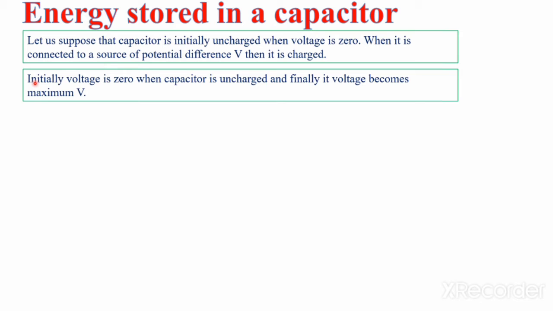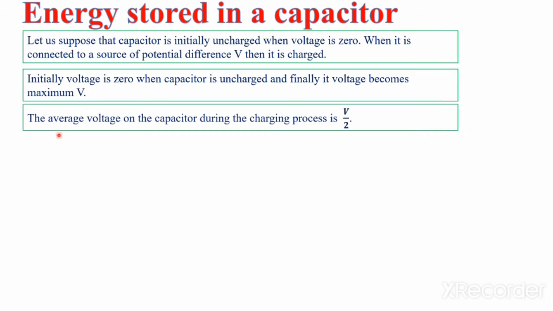But when we increase the potential of a battery, charges appear on the plates of the capacitor. Initially voltage is 0 when the capacitor is uncharged, and finally its voltage becomes maximum V. The average voltage on the capacitor during the charging process is V upon 2.